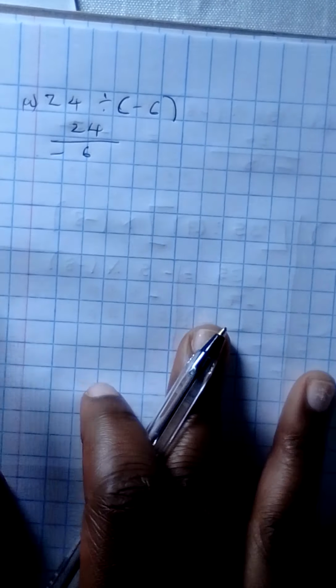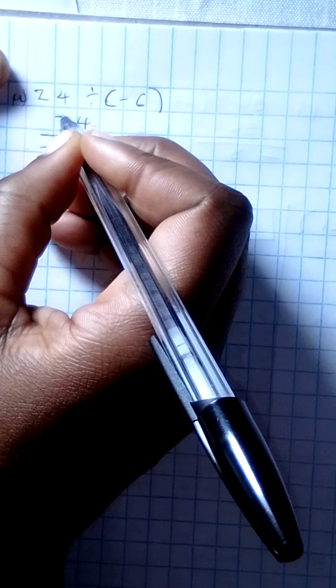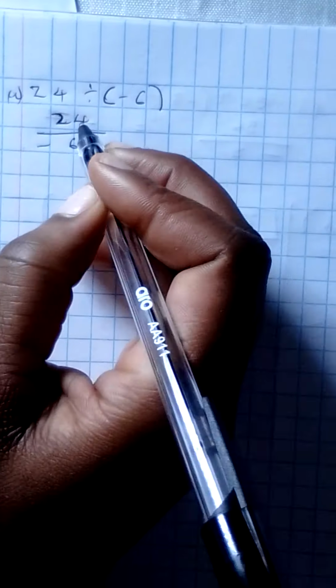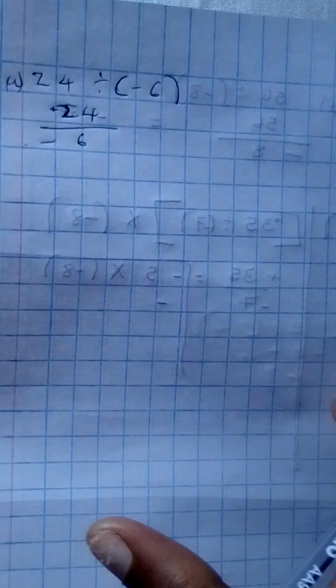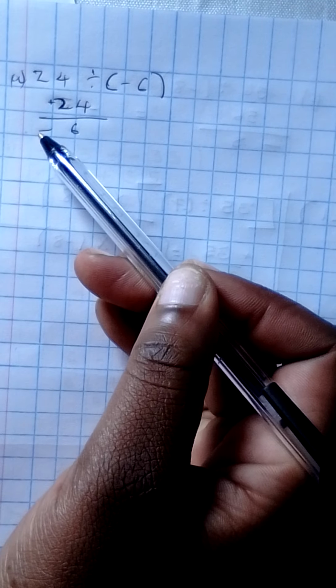On this kind of question, if you still remember well on my previous lesson, if you haven't visited my previous lesson, it's very important to visit them. I said to you guys, if a number is like this, there is a silent plus here, right? Note it, there is a silent plus there. Now we have a plus and a minus.